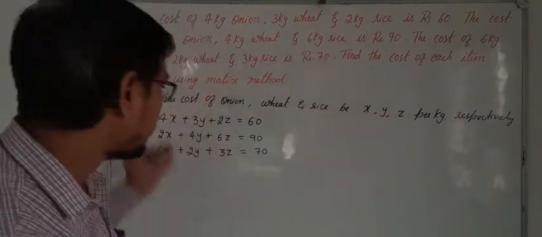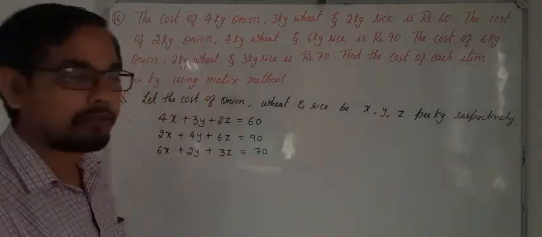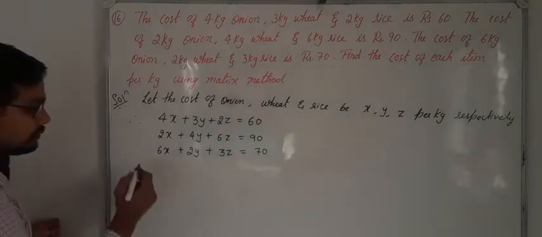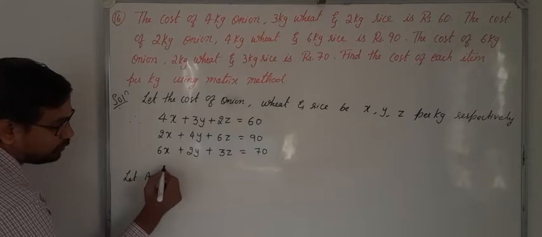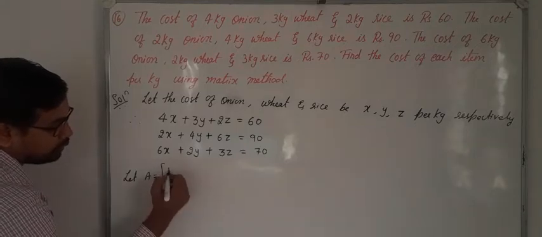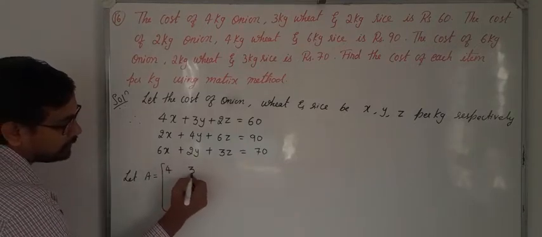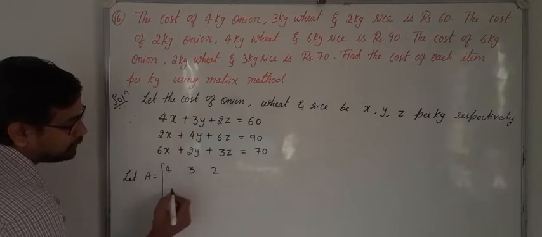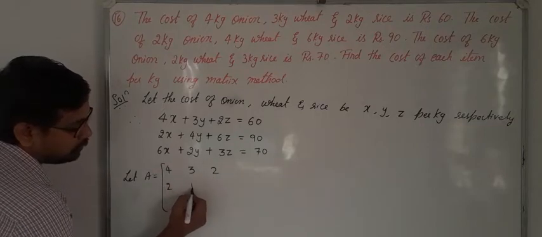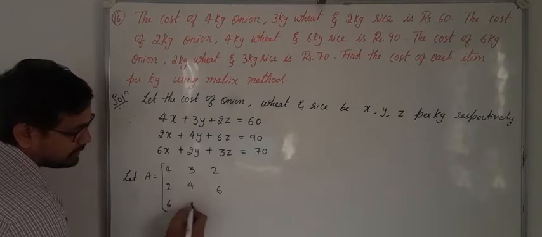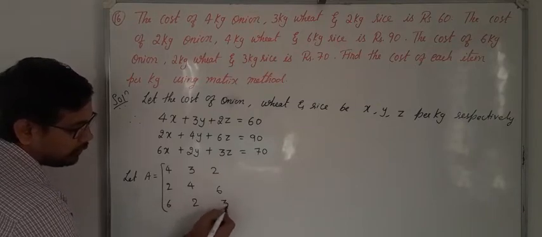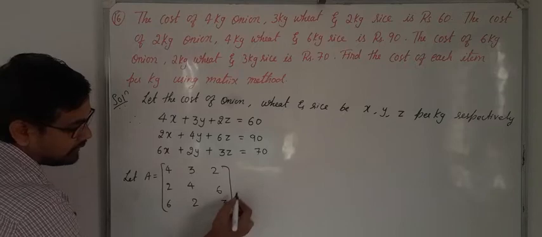Right? So from here it is simple. As usual it will continue. Let A is equal to the matrix 4, 3, 2, 2, 4, 6, 6, 2, 3.